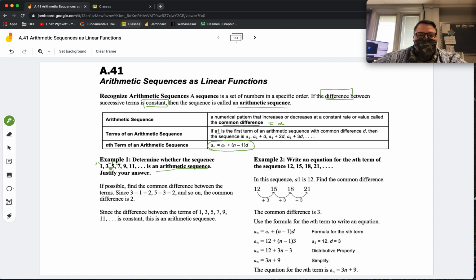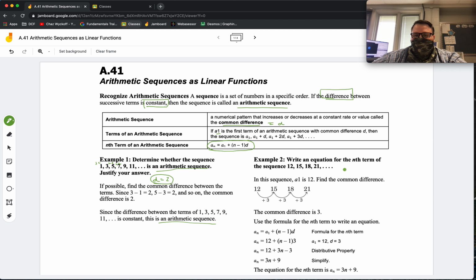So since the common difference, D equals 2, is common the whole way through, this is an arithmetic sequence. If these values were different, if it was plus 2 and then plus 3, plus 4, whatever, it would not be an arithmetic sequence. But because D is common and it equals 2 the whole time, it is.